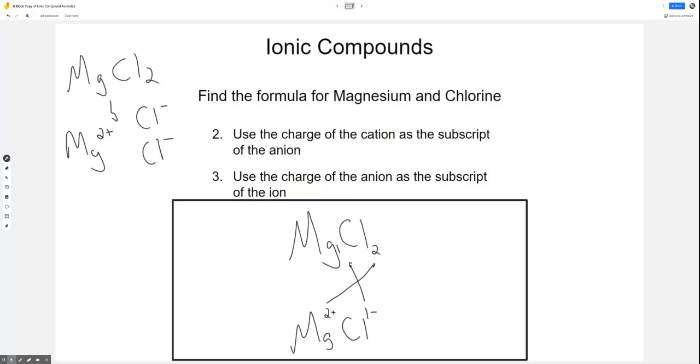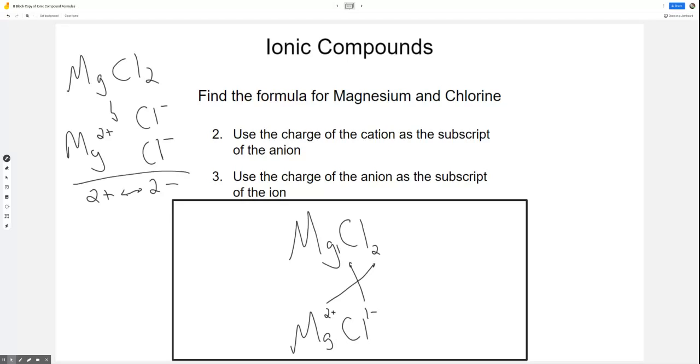Just like with the puzzle, if I want a neutral compound and I start with a +2, I have to have a -2 to cancel it out. Chlorine doesn't give me -2 by itself, but if I have 2 of them and each is a -1, the total is -2. So the total charge, positive and negative, is equal and opposite. So they cancel each other out.